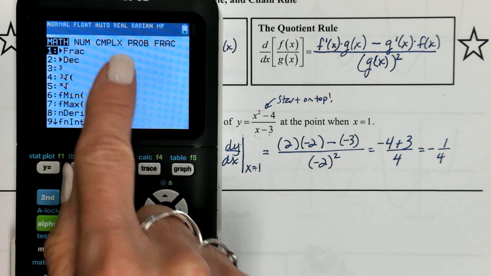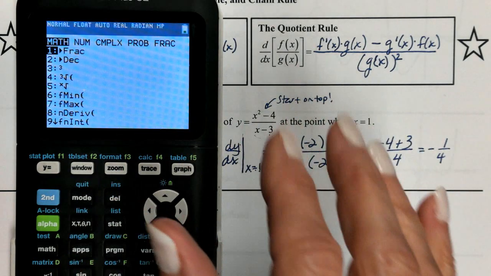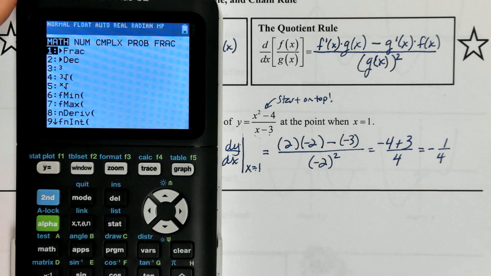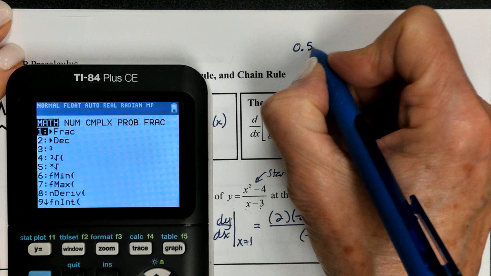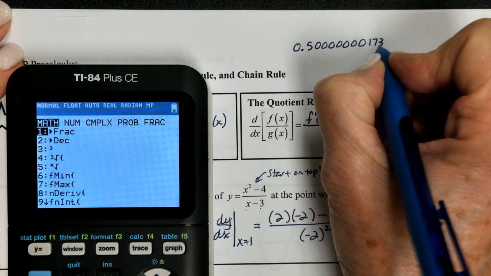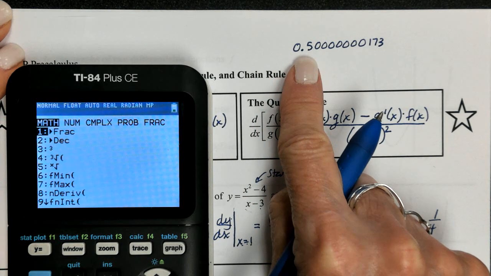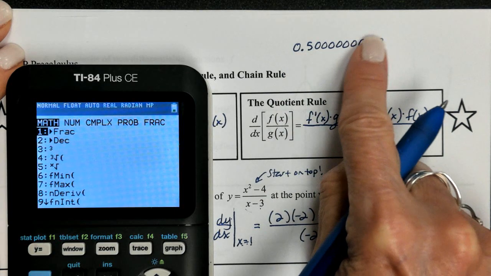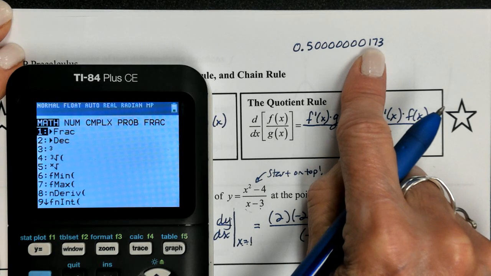So this calculator might give you a slightly different answer than a different calculator would, and we have to be able to interpret that. If we get an answer of 0.50000000173, we have to interpret that as 0.5, a half. You're going to see many times a little error way in the back.